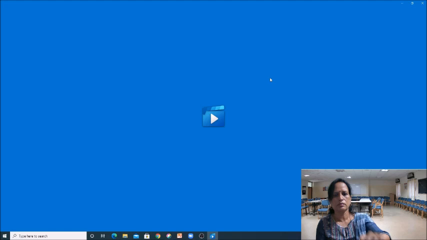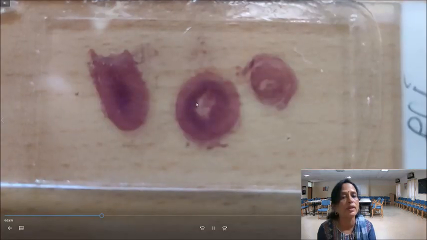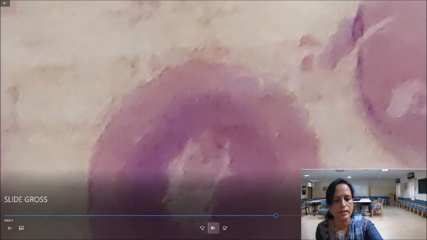This is a gross slide and a very easy slide for you to identify. When you're looking at the sections on the slide, you can make out this is appendix. We have taken 3 sections for study. Slightly blurred this image. Let us look at some more areas of this appendix.